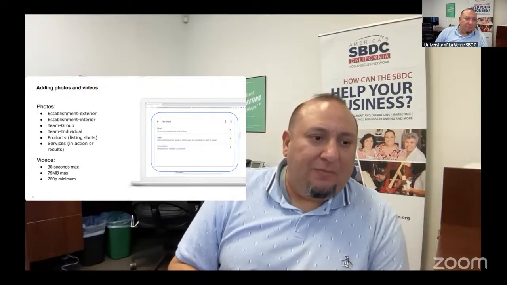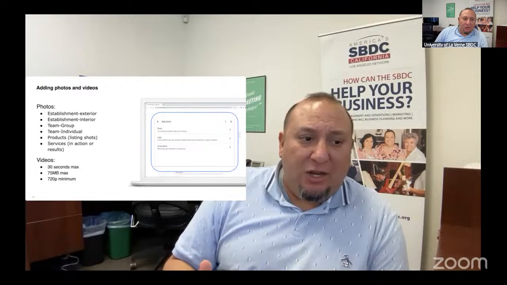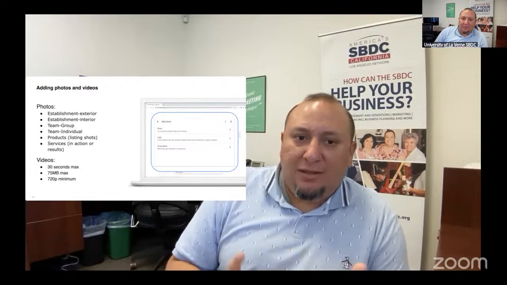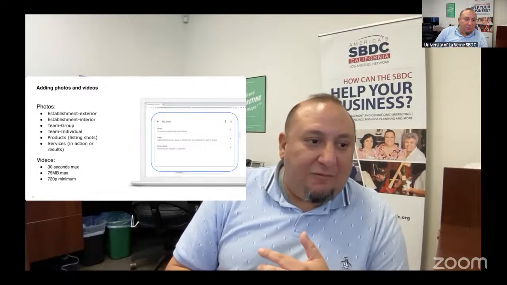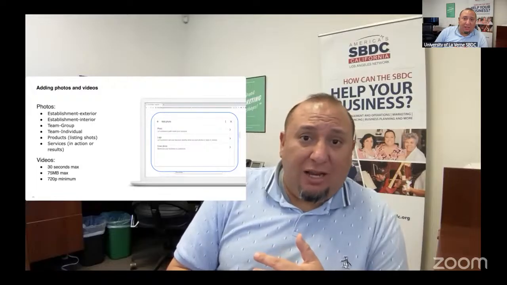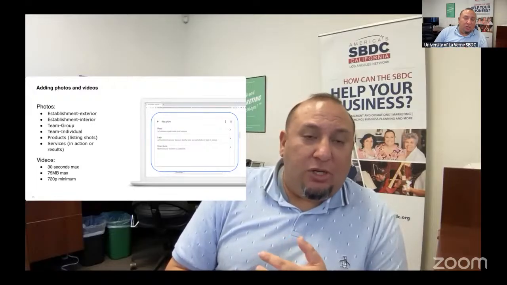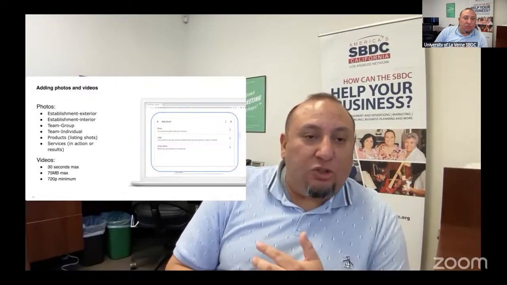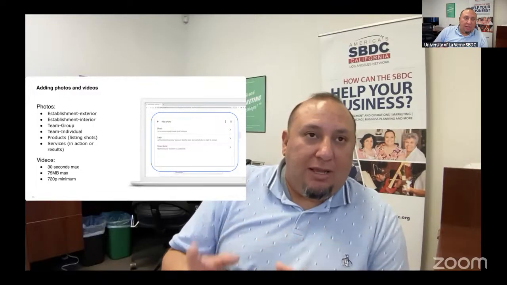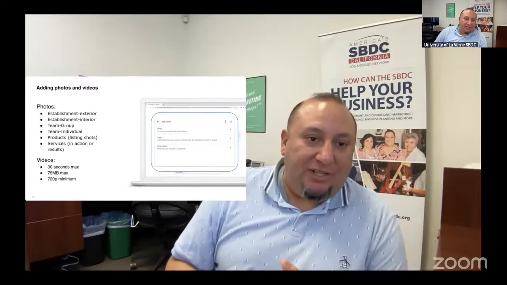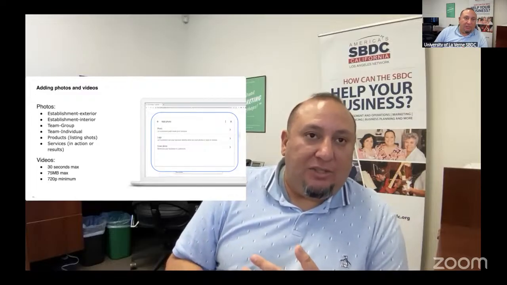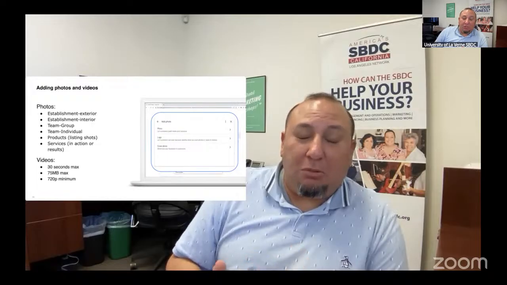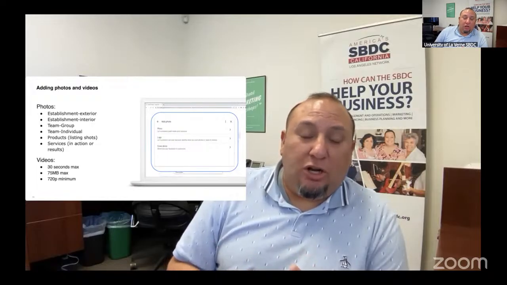When it comes to videos, 30 seconds max, 75 megabytes for a video, which is not a lot. So if you're doing it on your phone, you want to have not the highest quality, but it's still good for shooting a video on the internet. It's really something that you should have that would still look good online.